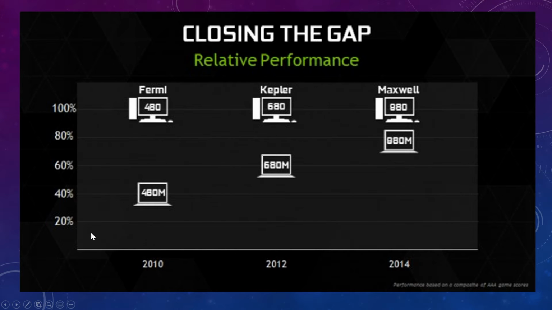And in 2010, we sort of accepted that you could have a 480 in your desktop, but you had to have the 480M in your laptop. M is mobile in this case. And it's only 40% as good. By 2012, we were closing on 60% as good. By 2014, we're closing on 80% as good. So this is coming along. Laptop chips are kind of closing this gap.